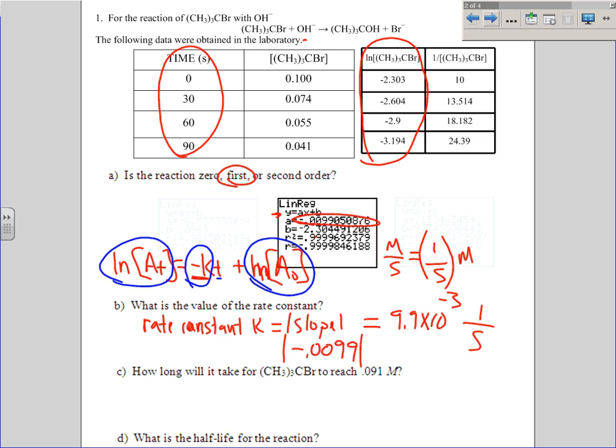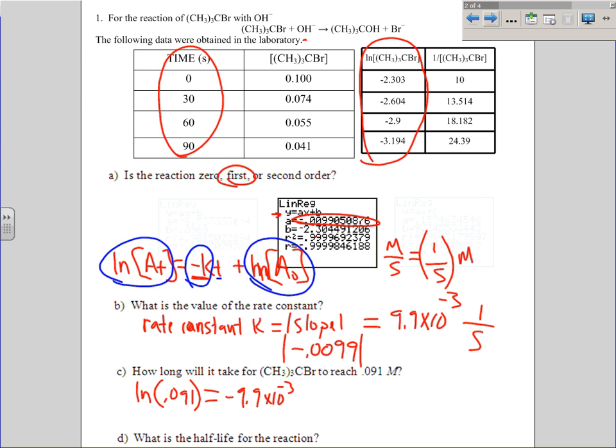So I know the ln of my concentration, which is 0.091, is going to equal negative k, where k is my slope. So I'm going to plug that into my equation here. That would be negative 9.9 times 10 to the negative 3.